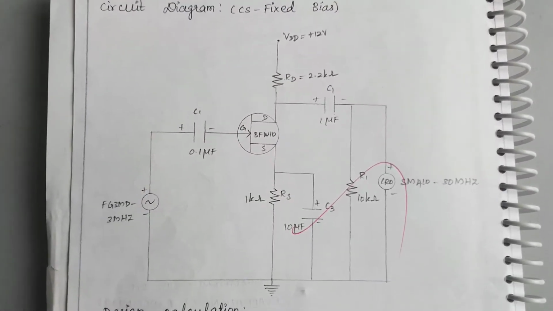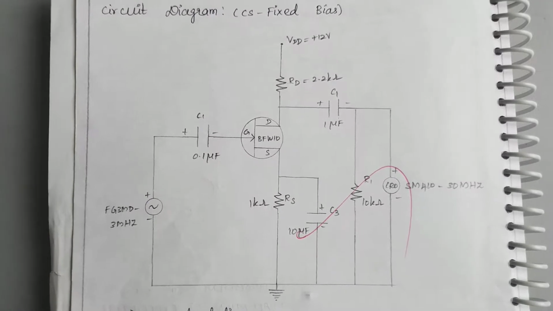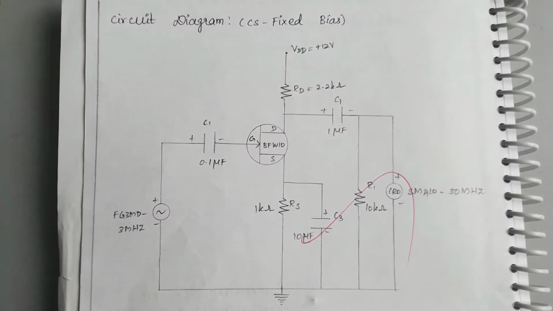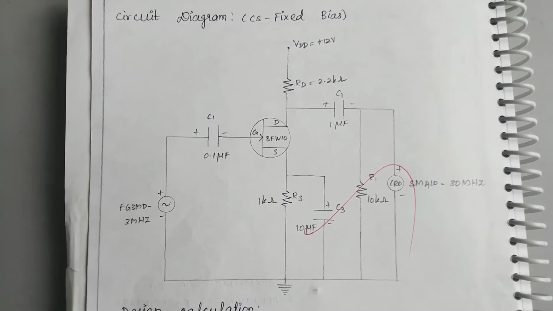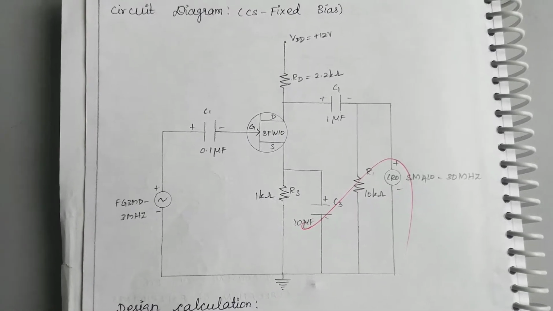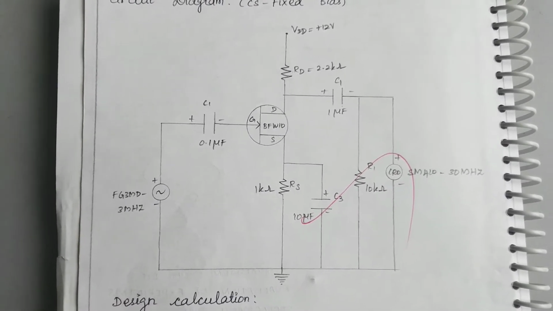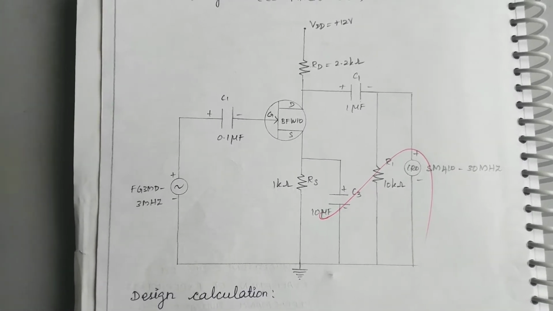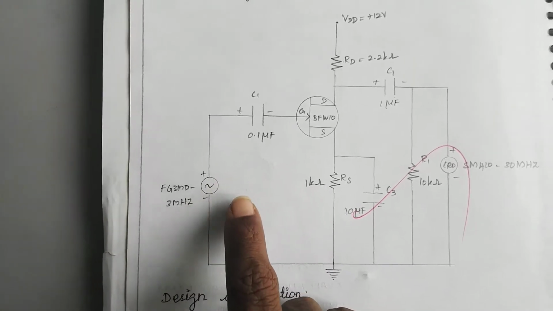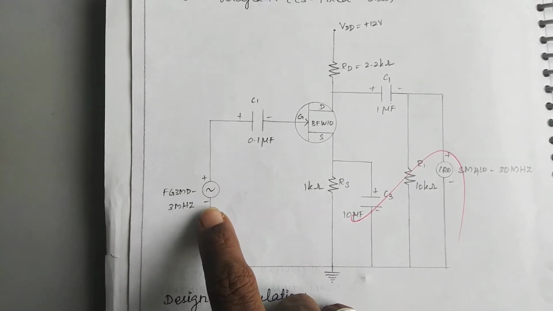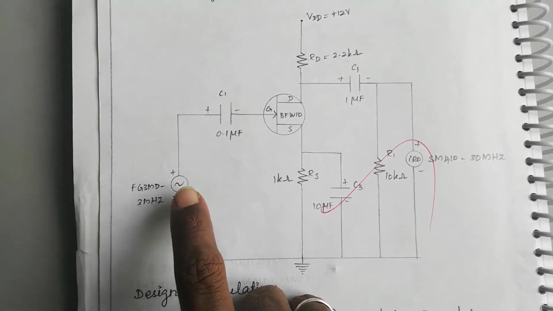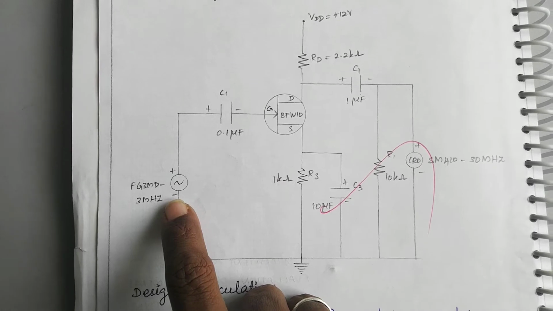The experiment for common source junction field effect transistor amplifier frequency response. In this experiment, this is the schematic diagram. From this diagram we can easily understand that first, this represents the function generator, which can generate the signal source.